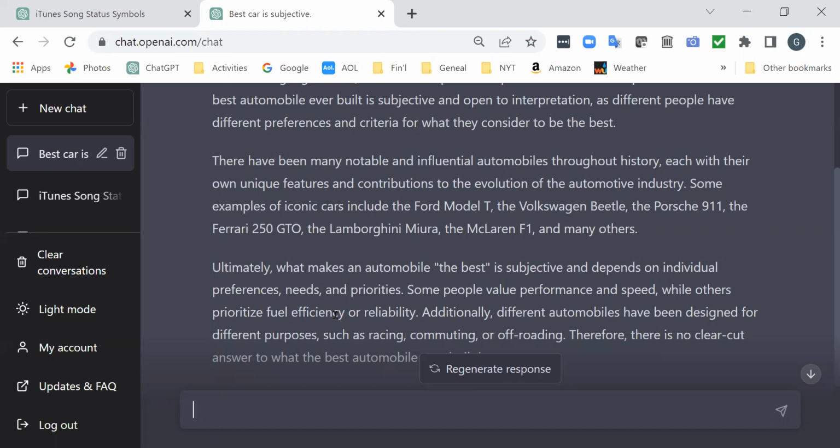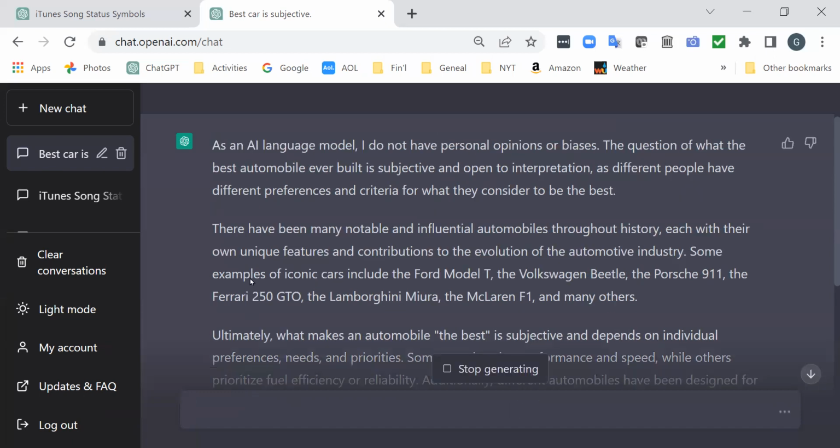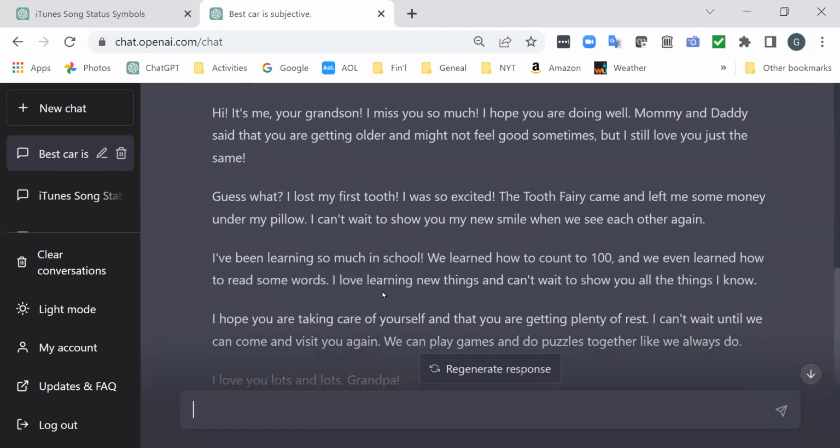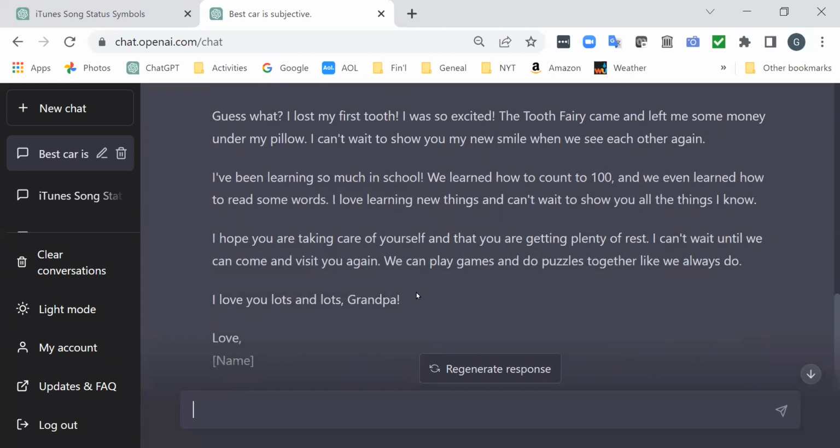I think it was Sandra who said she had a creative question. Write a letter from a 5-year-old boy to his elderly grandfather. George, ask it why schools are banning its use.